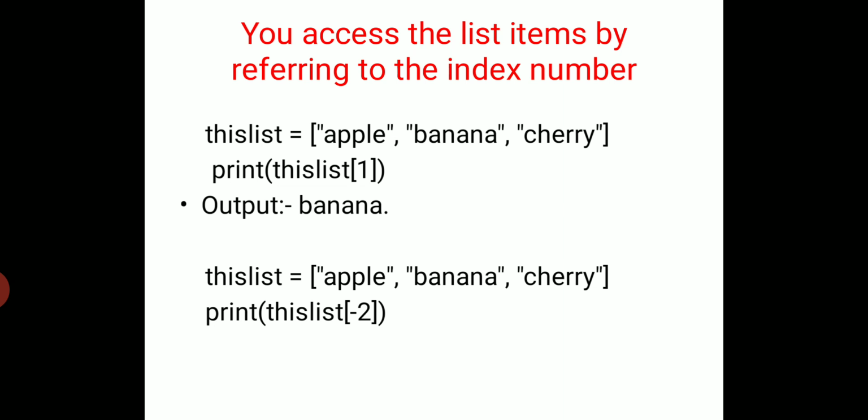So here the element on indexing -2 is banana... on -1 it's cherry and on 0 it's apple. Okay, so you can also search by negative indexing.